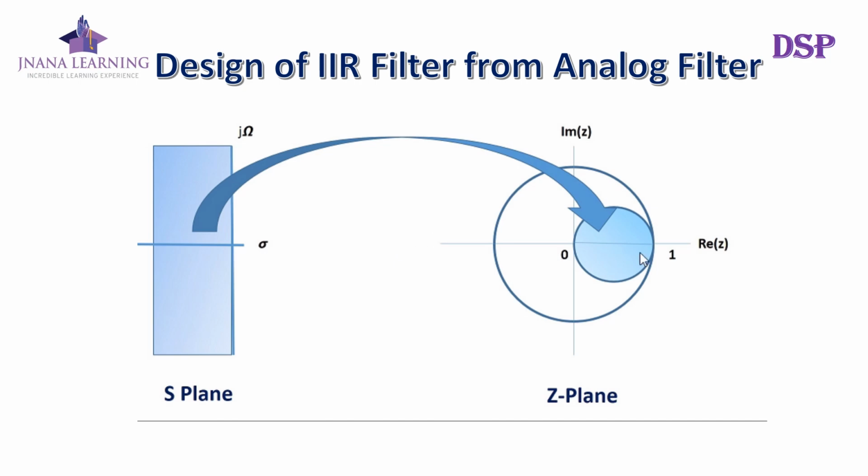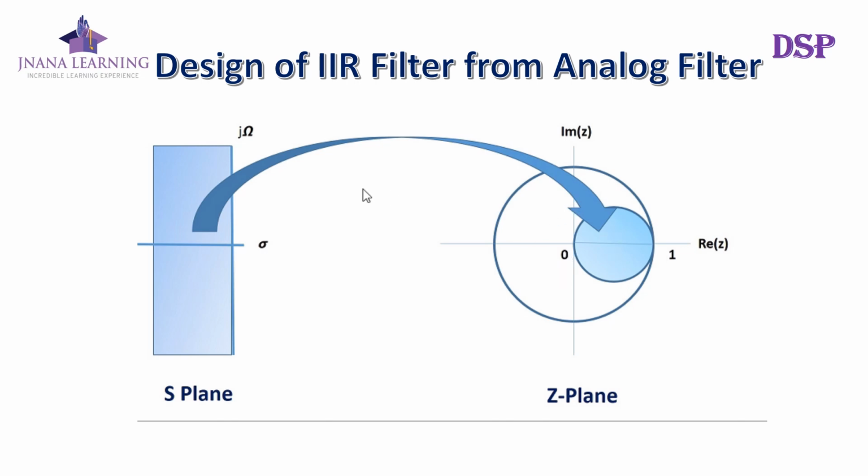The analog filter is better described using the S plane and the digital filter using the Z plane. Here is shown the transformation from S plane to Z plane, that is from analog filter to digital filter. The S plane means the sigma j omega axis, and the Z plane has the real part of Z and imaginary part of Z, and here a unit circle is shown.